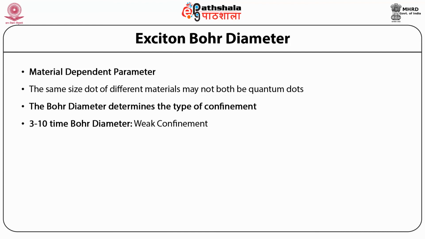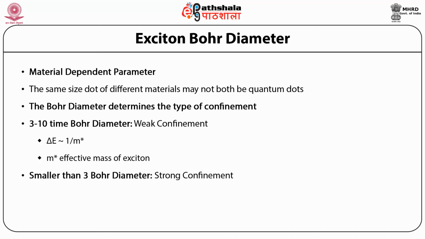At 3 to 10 times the Bohr diameter, we have weak confinement, and delta E is approximately 1 by m star, where m star is the effective mass of the exciton.